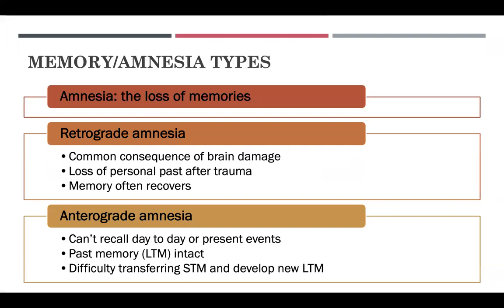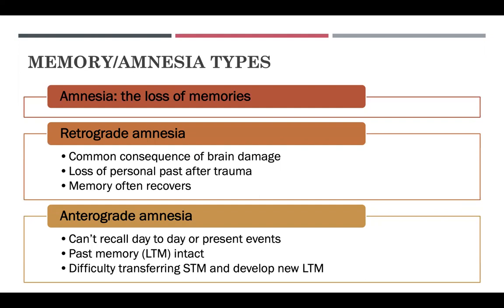Memory or amnesia types. The definition of amnesia is the loss of memories. There are two different ways that one may experience amnesia, either retrograde or anterograde amnesia. Retrograde amnesia is a common consequence of brain damage, such as having a stroke. It is the loss of personal past after trauma, and the memory often recovers.